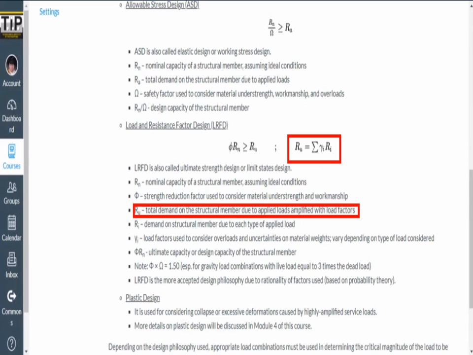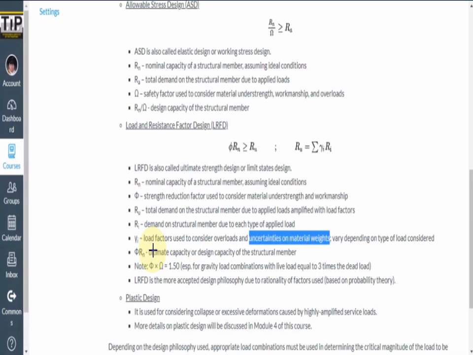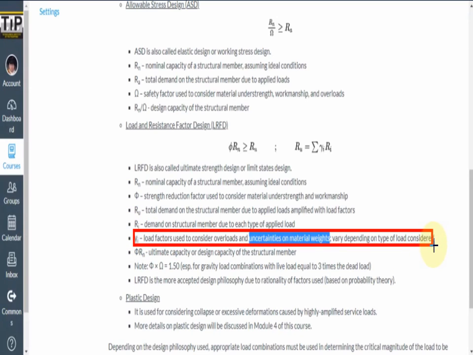So load factors are used to consider overloads and uncertainties on material weights because, for example, if we say that the density of steel is 7750 kilogram per cubic meter, that's just an estimate. The actual density may be different from that.